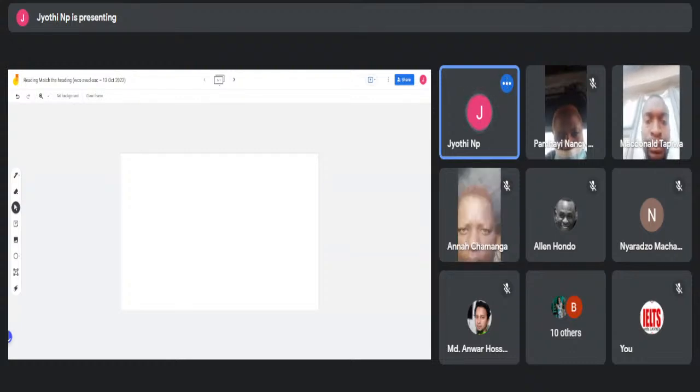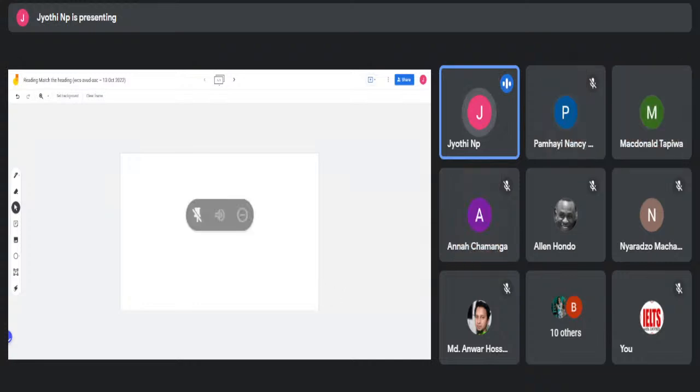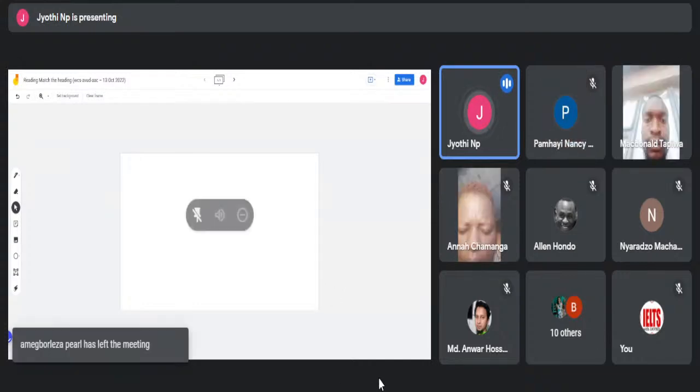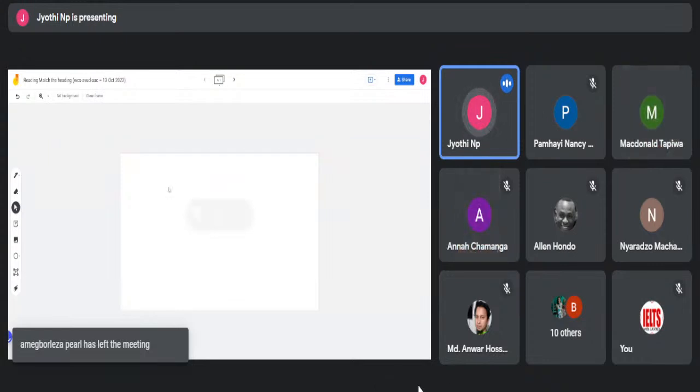Okay, so here when you have match the heading questions, first of all, you can do match the heading questions in two ways.